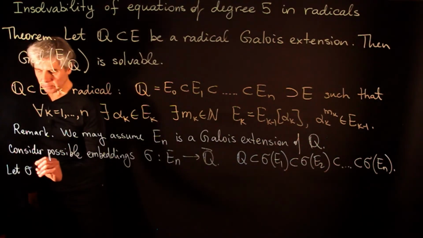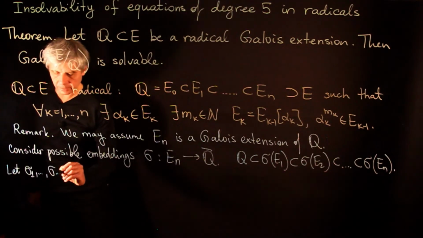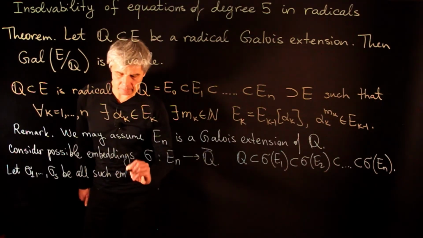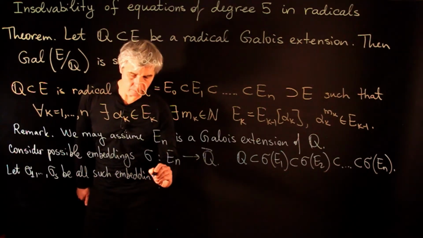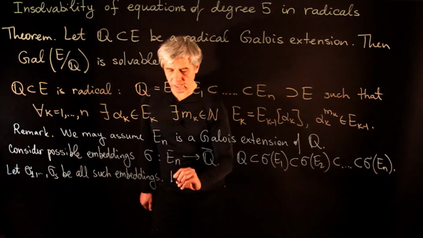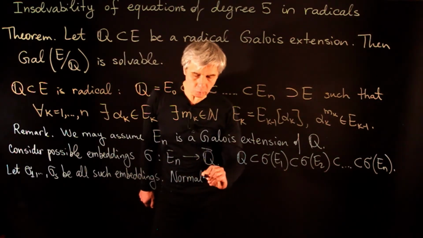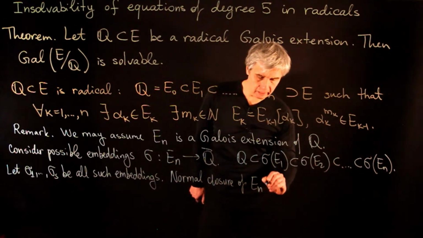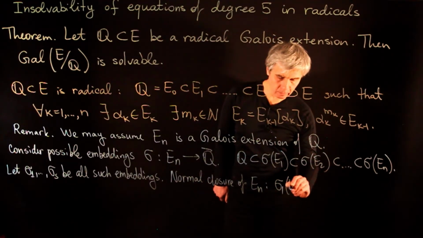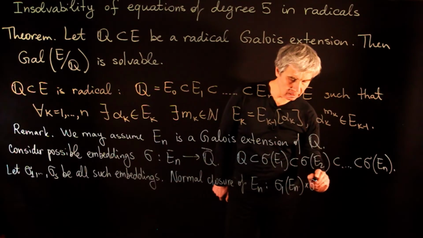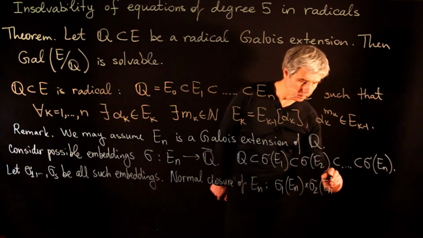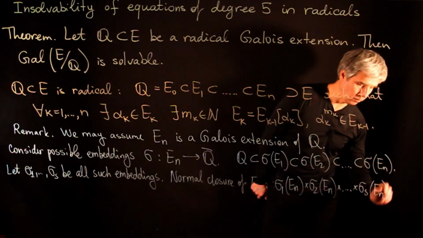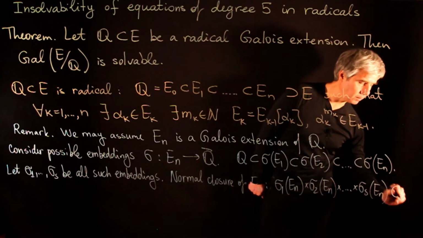Let sigma 1 through sigma s be all such embeddings. Then we construct the normal closure of En as the product sigma 1 of En times sigma 2 of En times sigma s of En. This will be a subfield inside Q bar.